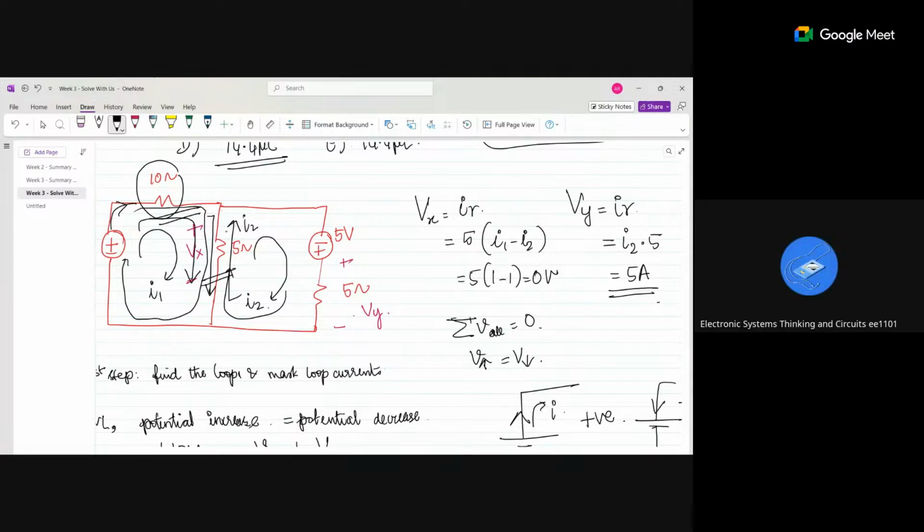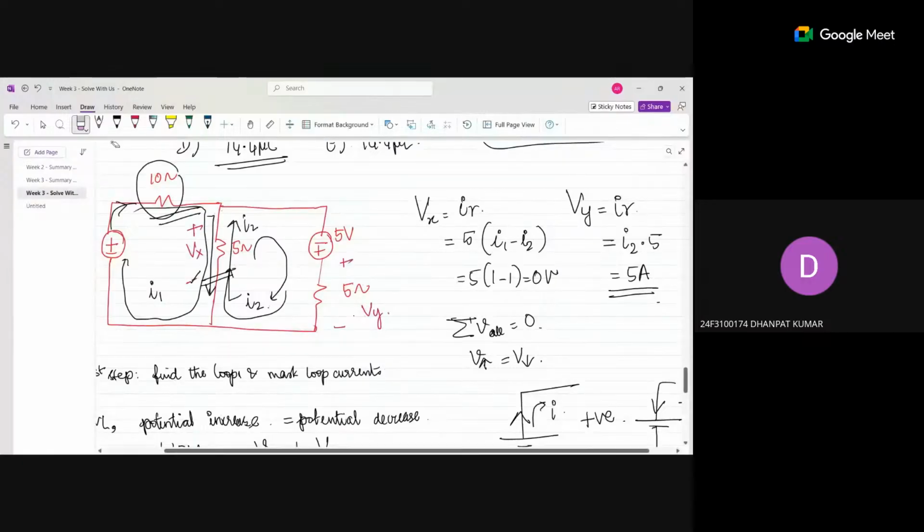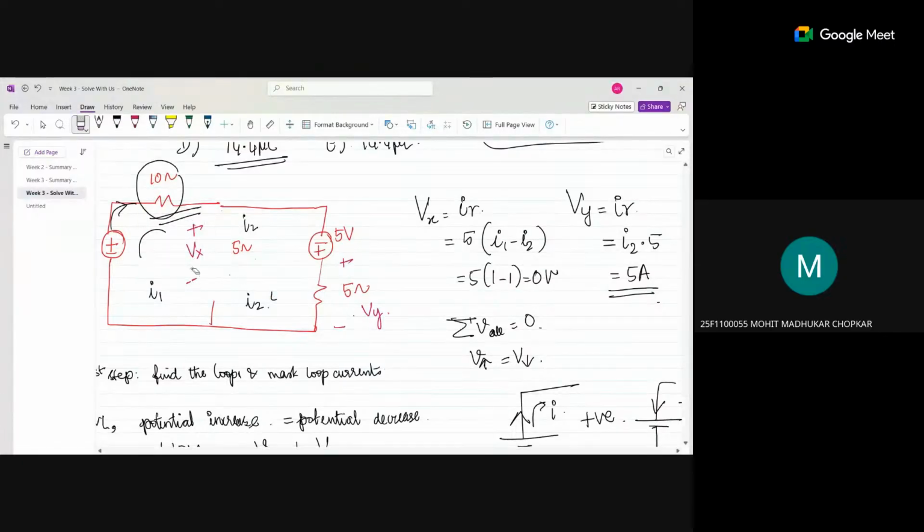See, the 5 ohm is in between, right? Vy is equal to I into R. Our I is 0 because the current gets cancelled out, so I into R gives 0.